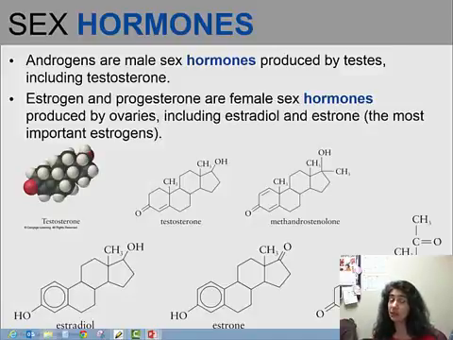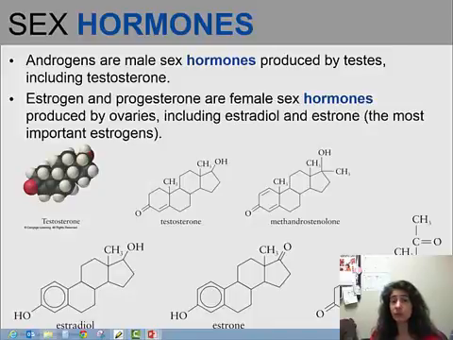So again, just back to that point where we all have everything in different ratios, and so the tone of our voice and our hair and some of those other male versus female characteristics just come down to that difference of the ratios that we might have in our body.